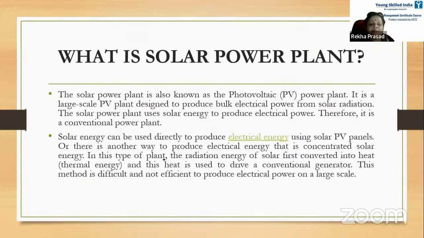In this type of plant, the radiation energy of the sun is first converted into heat or thermal energy, and this heat is used to drive a conventional generator. The generator converts it into electrical energy. This method is difficult, expensive and not efficient for producing electric power on a large scale.